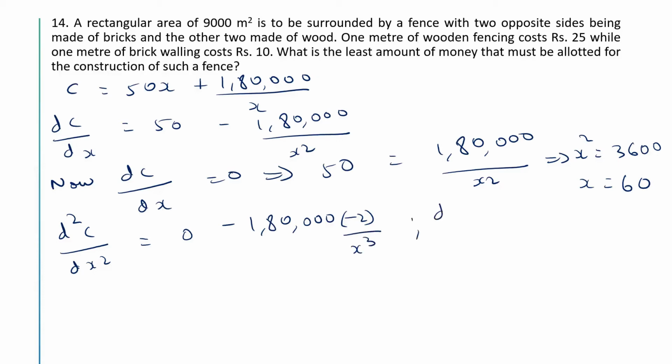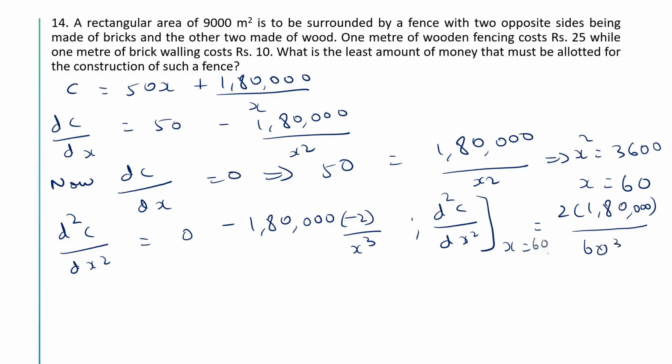Now d square c by dx square at x is equal to 60 is 2 into 1,80,000 divided by 60 cube. This is greater than 0. Therefore, x is equal to 60 is a point of local minima.